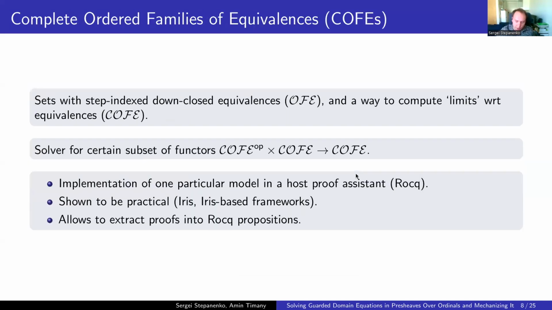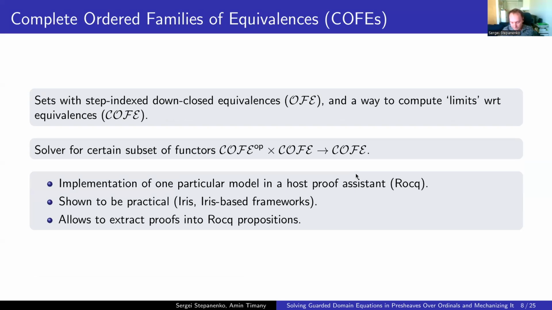For example, one really popular one is employed by Iris, where deep inside they use a certain formalism called ordered families of equivalences. Intuitively, it's just a type with a step-indexed downwards closed family of equalities.